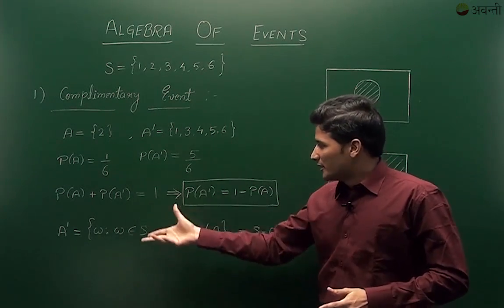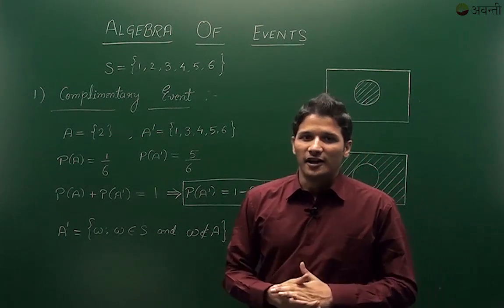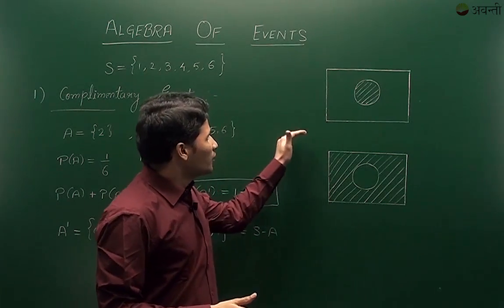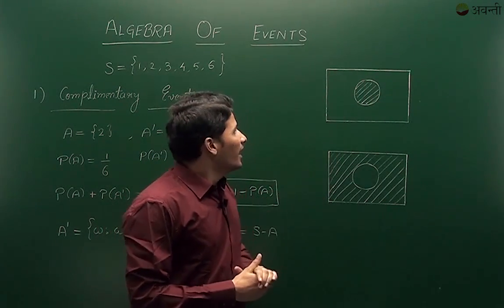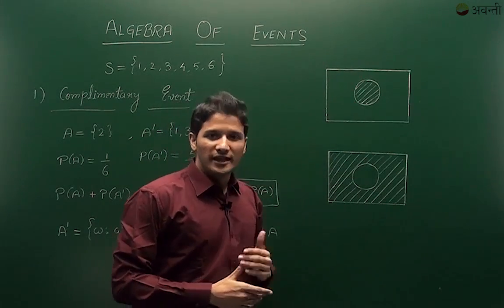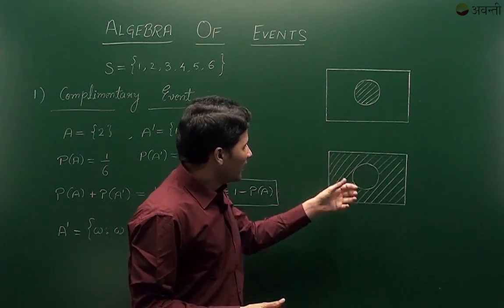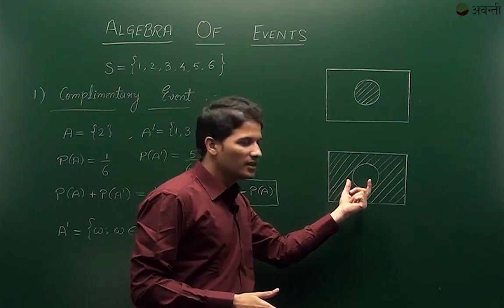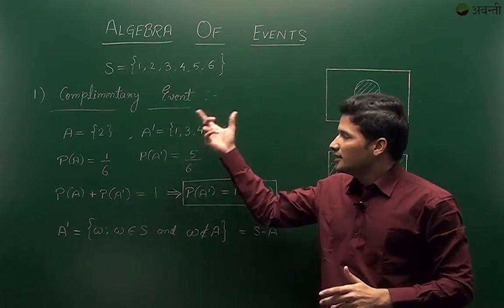So this was complementary event, and if we want to see it in the form of a Venn diagram, then this entire box is the sample space or universal set S, and this circle is our event. Its complementary event A prime is the entire portion between the box and the circle. So this is complementary event.